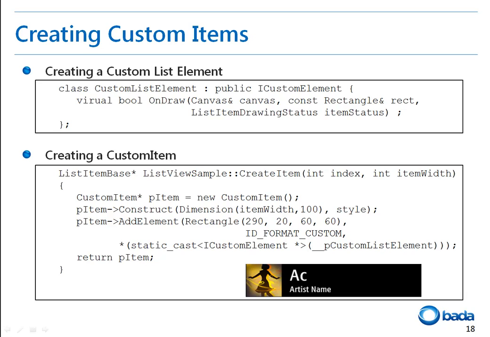The custom list element class is derived from iCustomElement, and the onDraw method is overridden. Then, in the createItem callback function, the _pCustomListElement, which is an object of the custom list element class, is added as an element to the custom item and returned.